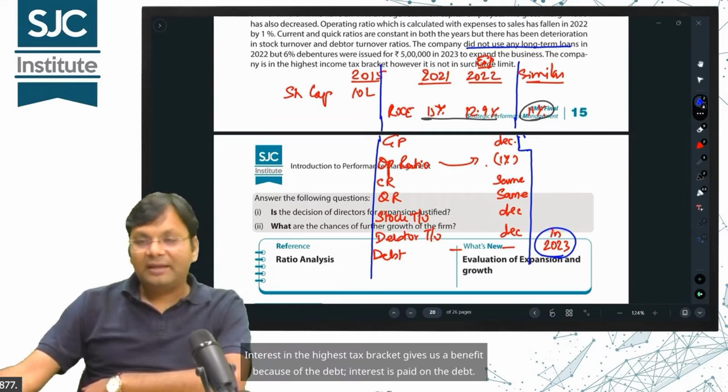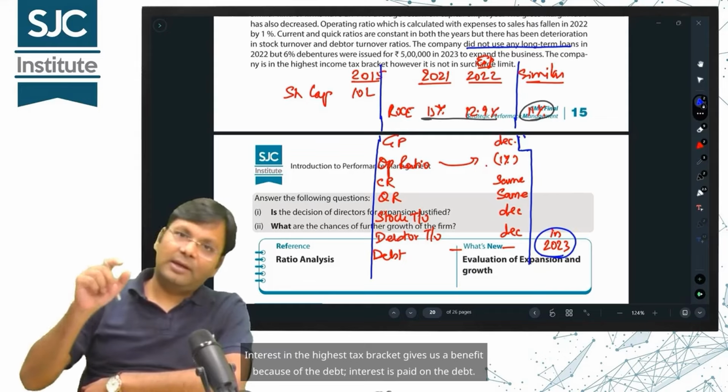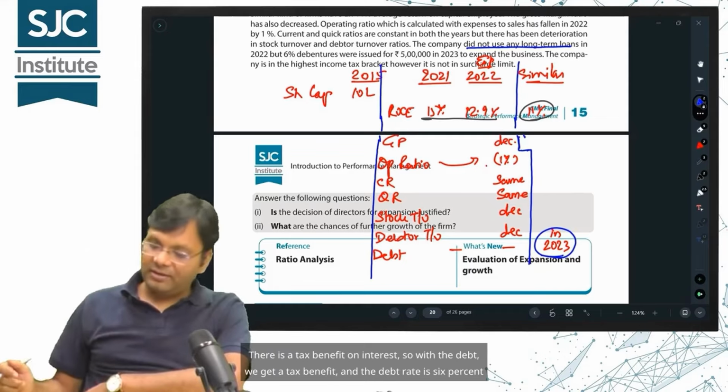Being in the highest tax bracket gives us a benefit because of the debt. Interest is paid on the debt. There is a tax benefit on interest, so with the debt we get a tax benefit, and the debt rate is 6% while the ROC is much higher at 12.9%. This means we can easily pay the interest on the debt.